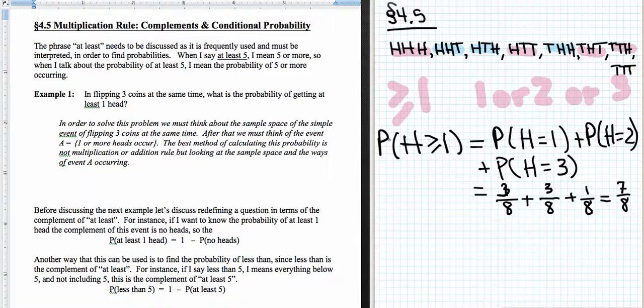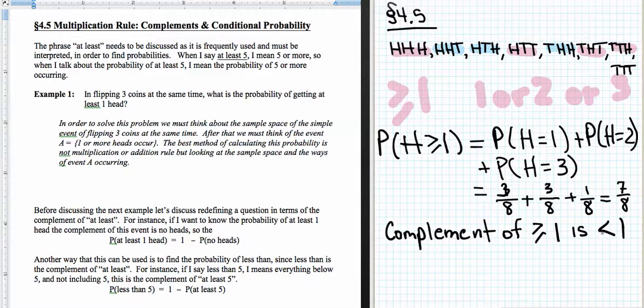However, consider the complement of greater than or equal to 1 head: it is less than 1 head. So the complement of greater than or equal to 1 is less than 1.